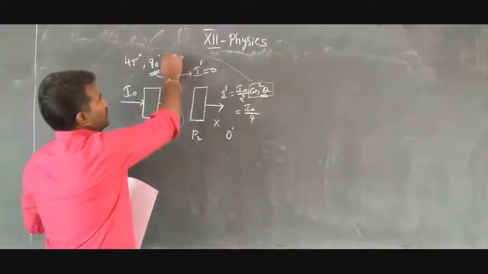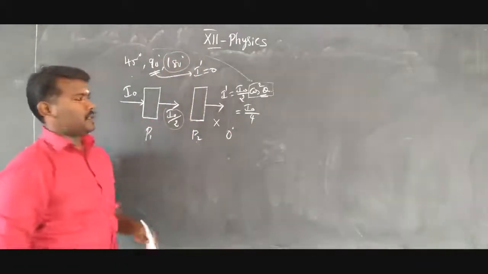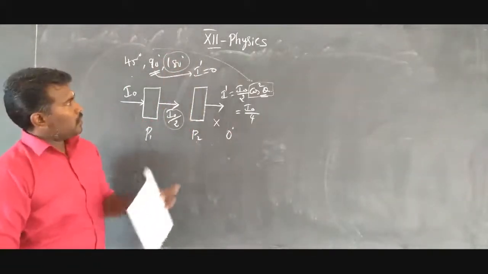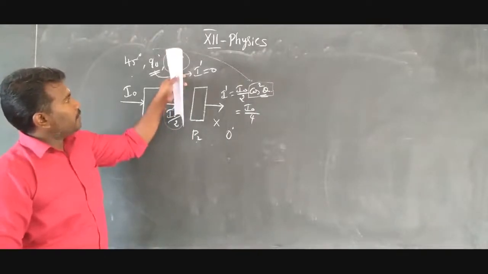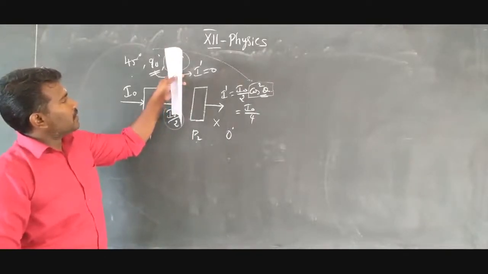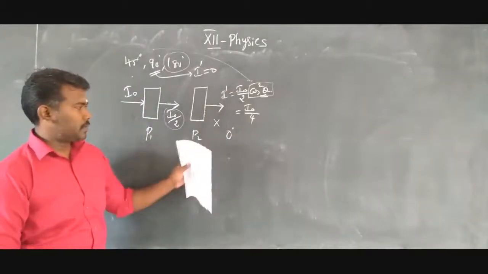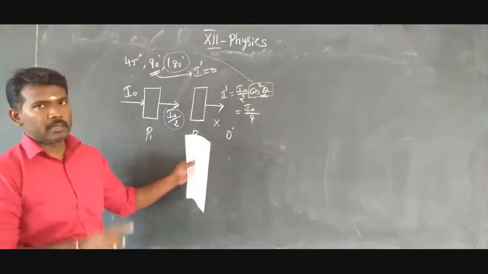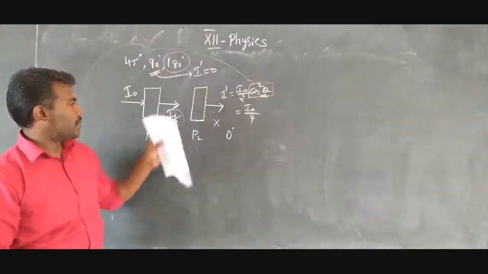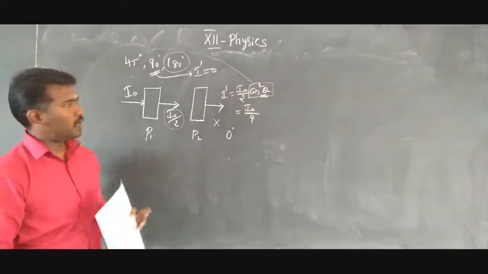And the third case: 180 degree. It is rotated through 180 degree, so once again it is parallel to the first polaroid. 90 degree it is perpendicular; 180 degree means it completes the half circle. So once again P1 and P2 are parallel to each other.